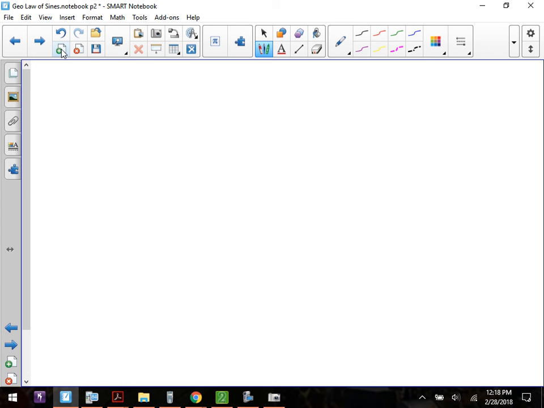Take a look at number 8 on the top here about the angle of elevation. Find the measure of the angle of elevation of the sun when a vertical post that's 15 feet tall casts a shadow that's 20 feet long. So that means you have to understand what that looks like. What is a vertical post? A vertical, correct.